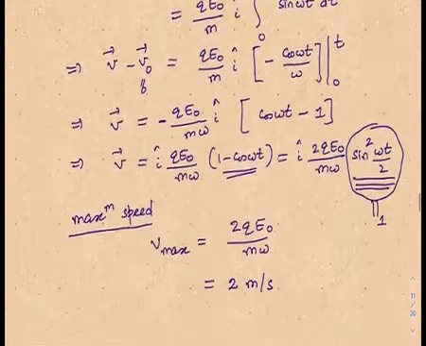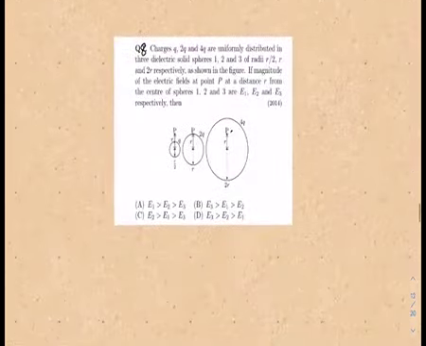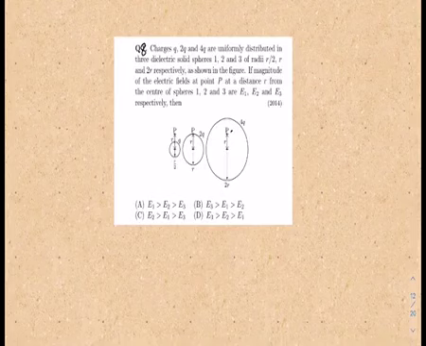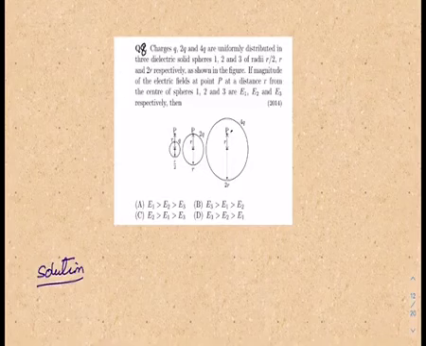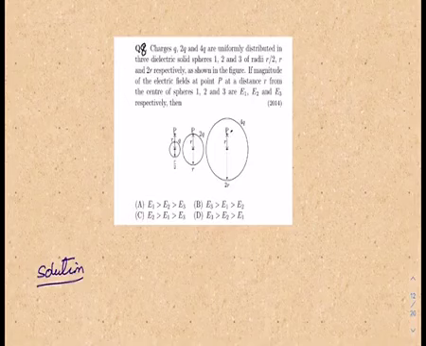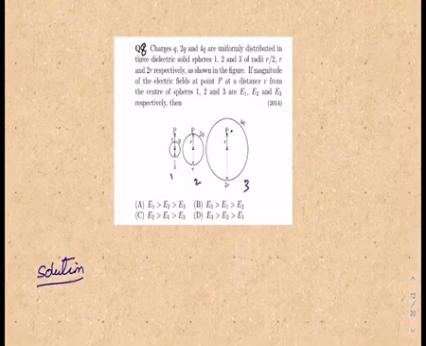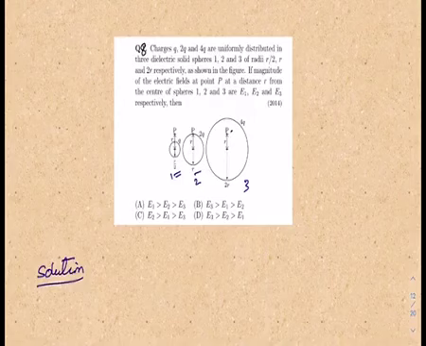Okay, let us do this problem. This is a problem based on Gauss law, so let us do it. First of all, let me read it out. Charges q, 2q and 4q are uniformly distributed in 3 dielectric solid spheres, 1, 2 and 3, of radius r by 2, r and 2r respectively.